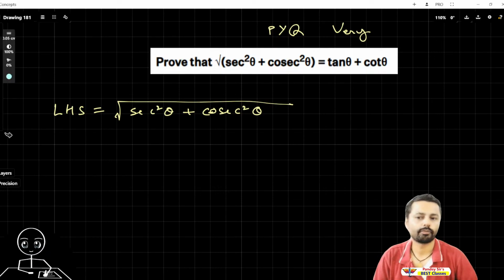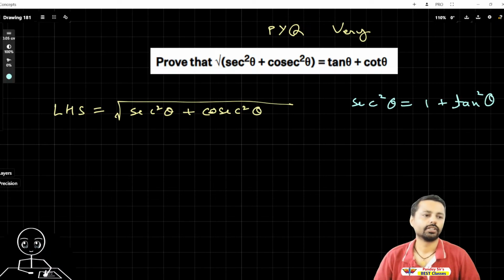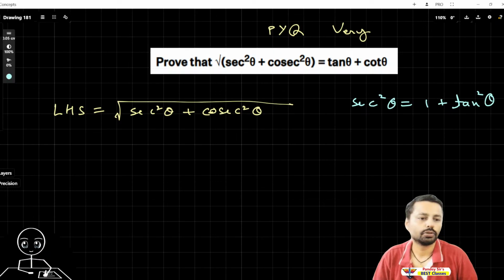Guess which one? sec²θ equal to 1 plus tan²θ. Let me think once. Is it 1 plus tan²θ? Yes. And cosec²θ equal to 1 plus cot²θ.